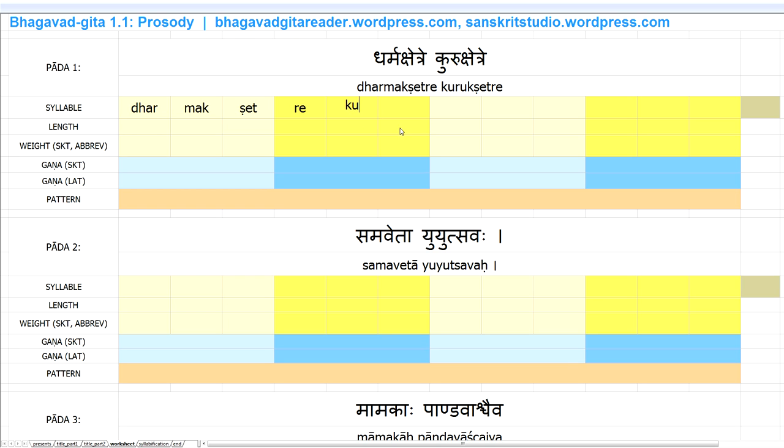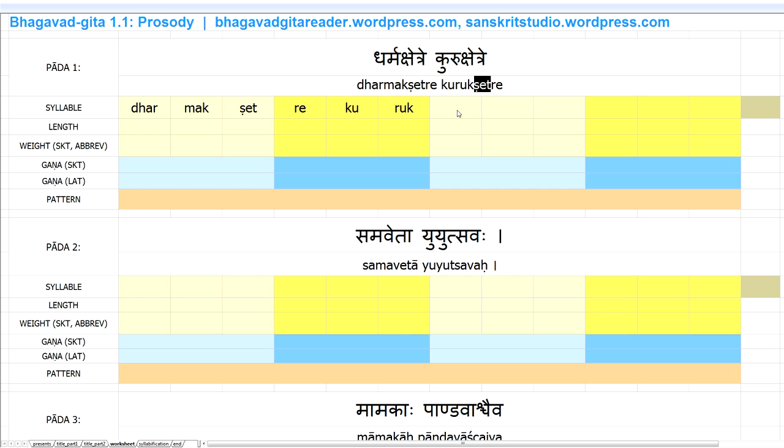So we will just have two letters there, ku, and then we will have ru, but then we have two consonants, the k and the sh, in between the u and the e here. So how do we split those? Well, there are just two, so ruk is one syllable, and she is one, and then we should have a t here also, because there are two consonants in a row.